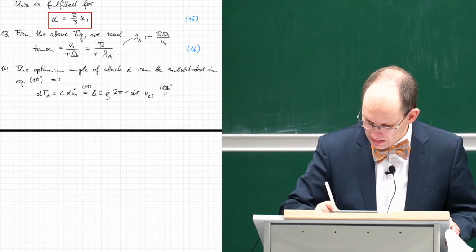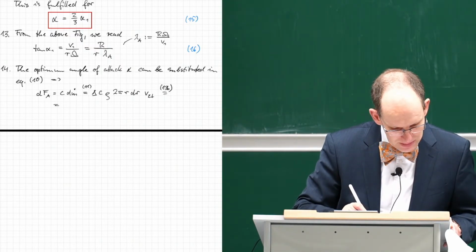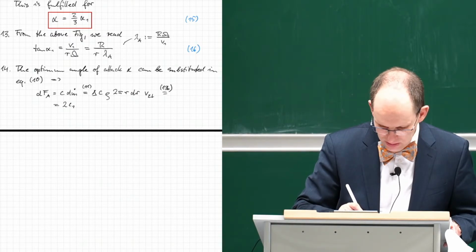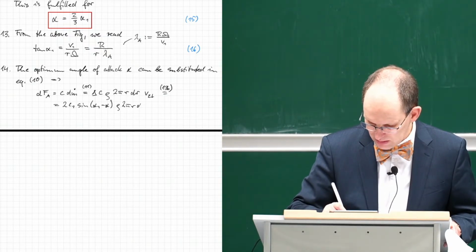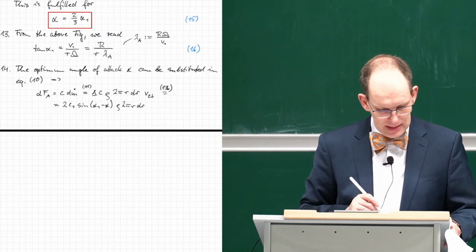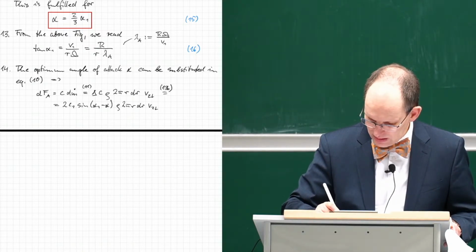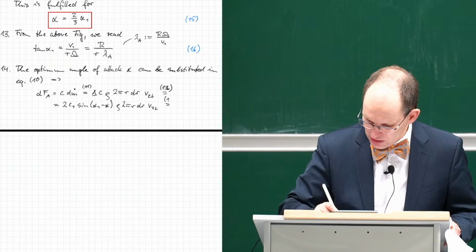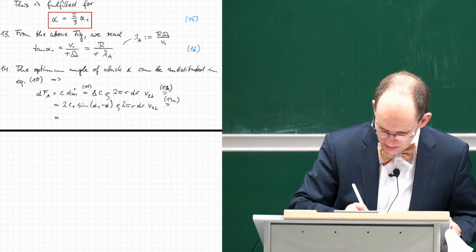Then we substitute equation 13b, and we get 2 times C1 times the sine of alpha 1 minus alpha, times rho times 2 pi times r times dr, and the perpendicular velocity component. Now we use equation 13a in order to get rid of that velocity component.